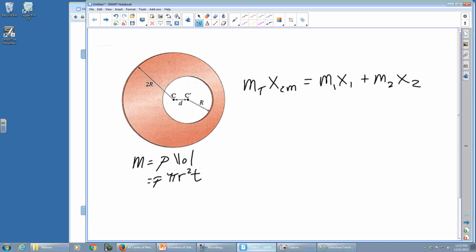Rho pi r squared T. And in this case, the mass of this total plate is rho pi times 4r squared T. Right? Mass is always density times volume, from the fact that my plate has a radius of 2 big R.